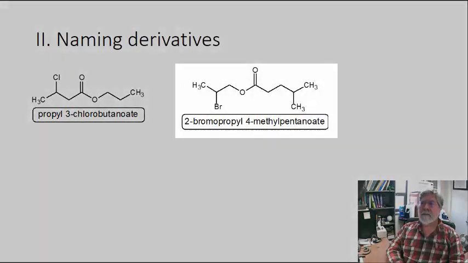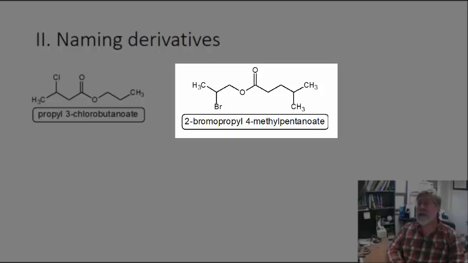The second compound, now notice that the acid group has been flipped around, so the acid is actually on the right-hand side. I do typically put the acid group for an ester on the left-hand side of the structure, but not always. So in this case, the acid is on the right-hand side, and that is a 5-carbon acid, right?